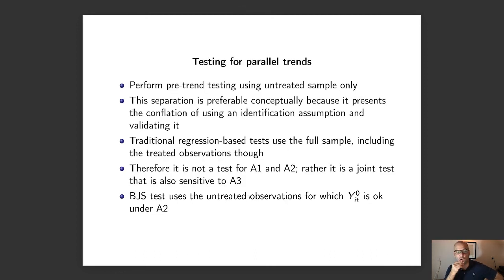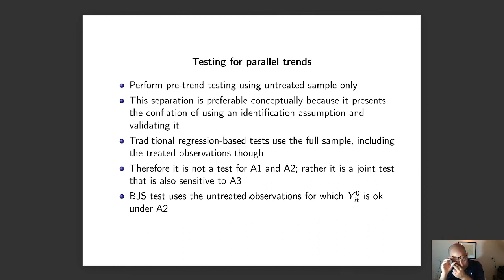So you are going to perform your pre-trend test on the untreated sample only. They say this is better because it avoids the conflation of using an identification assumption and validating it. Traditional regression-based tests use the full sample, which includes the treated observations.